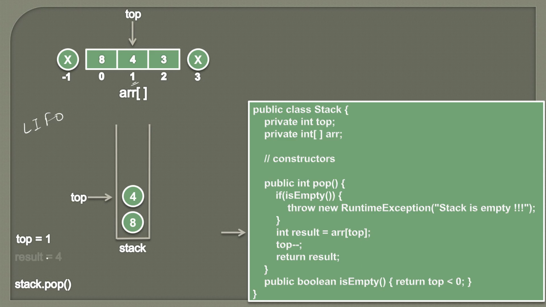So 4 is assigned to result. Then we decrement top and top becomes 0. So it looks like this. And if we visualize the stack, 4 is popped out and top is pointing to 8 now, which is index 0, and we simply return value 4. That 4 is popped out from the stack.